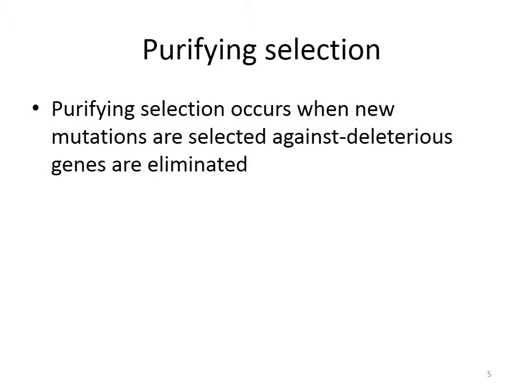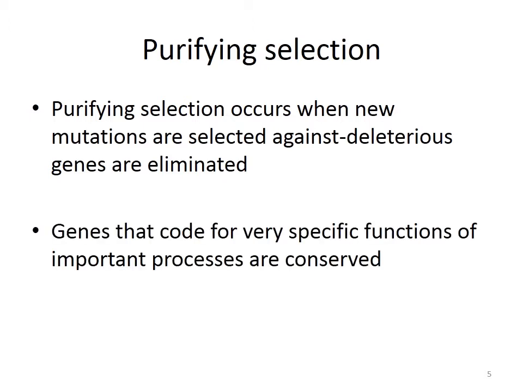Purifying selection occurs when mutations are selected against, so deleterious genes are actually eliminated. Imagine that genes that code for very important processes need to be conserved. Genes for histones, for example, are among the most highly conserved genes in genomes, with virtually no substitutions, even in comparison with very distant animals. The histones are proteins around which DNA is wound, and they are involved in gene regulation.